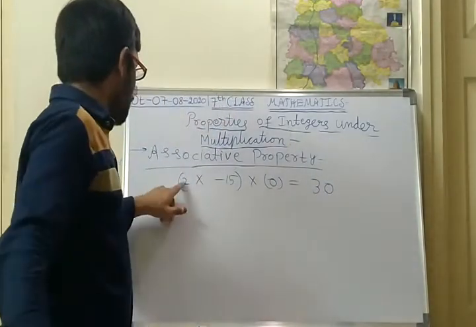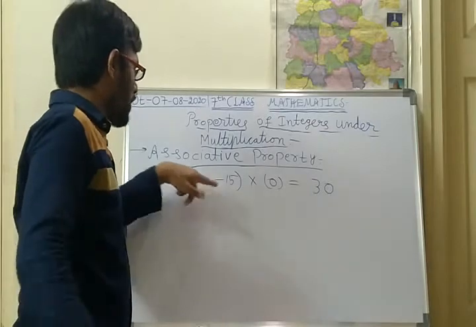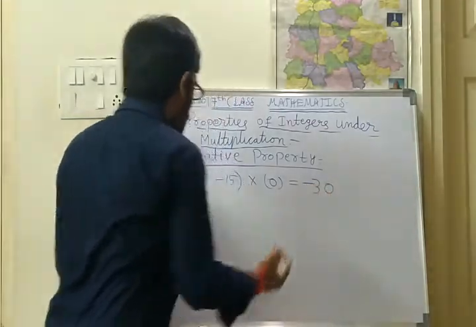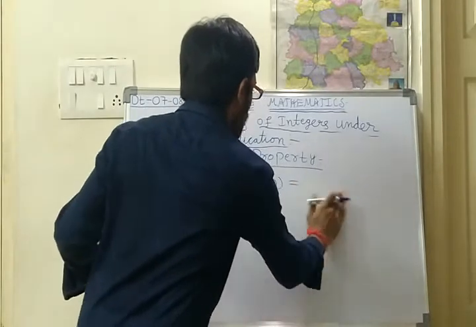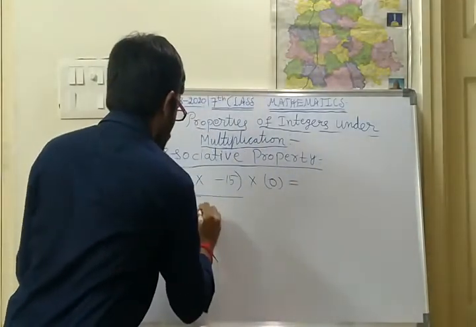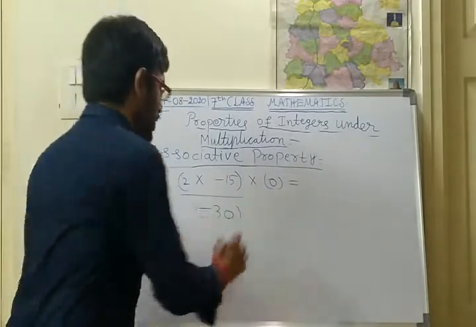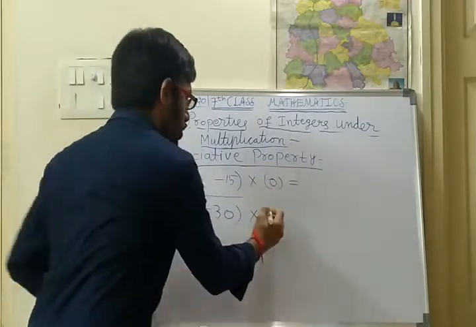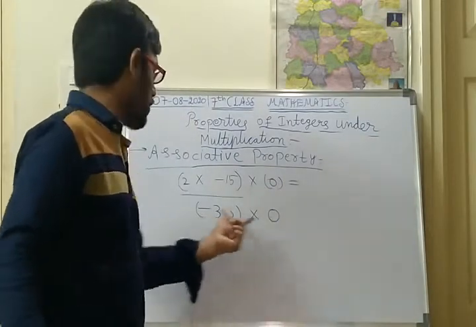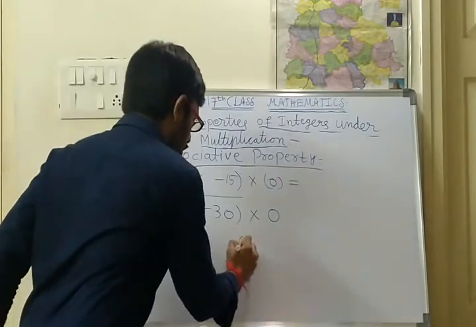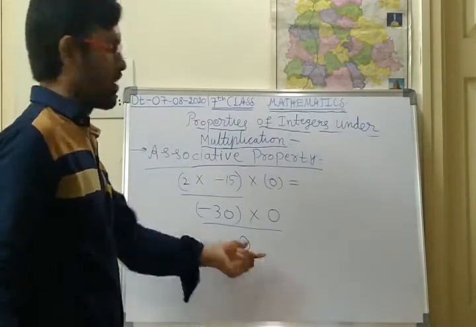After that, plus into minus is minus, so this answer is minus 30. Next, minus 30 into 0. 0 into something is 0 only. So the answer is 0.